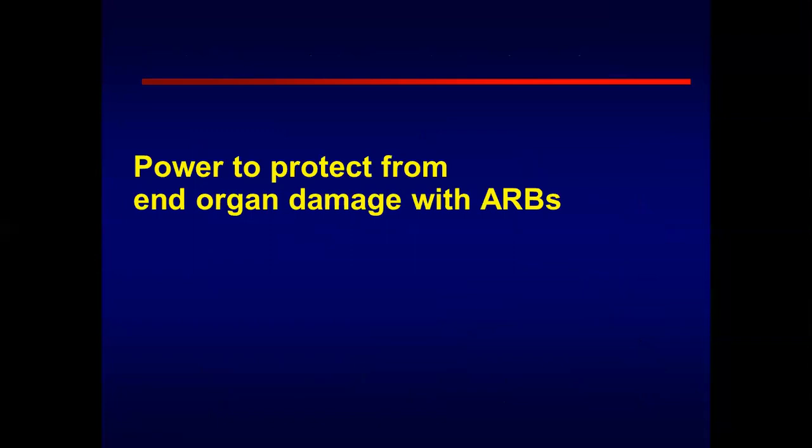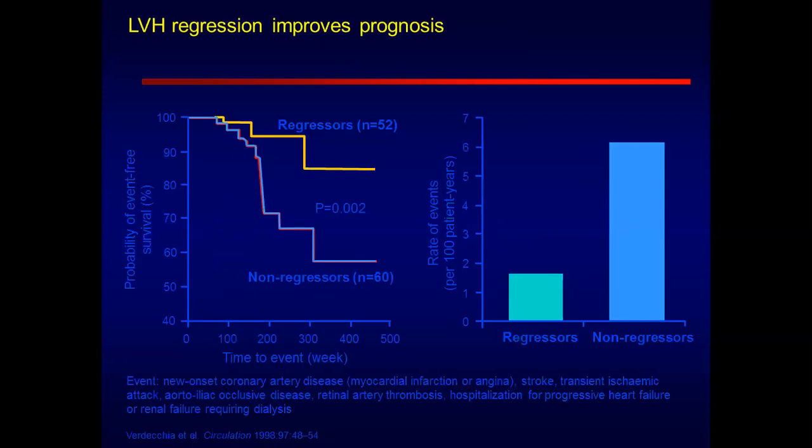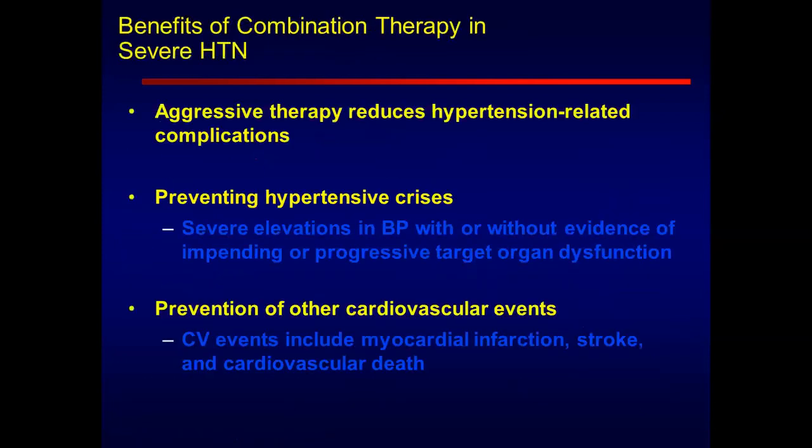So ARBs and the ACE inhibitors show a power to protect end organs from damage, protect coronaries, protect the heart from heart failure, and protect from stroke. So aggressive therapy reduces hypertension-related complications and prevents hypertensive crisis and other cardiovascular events.